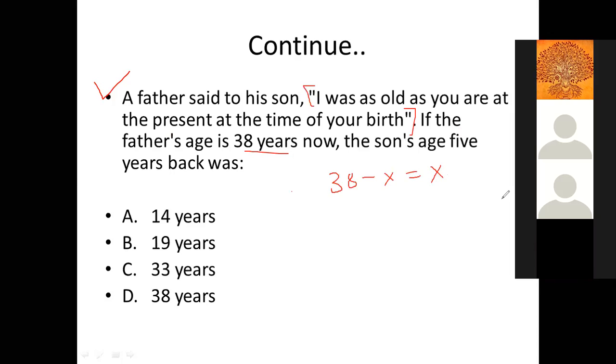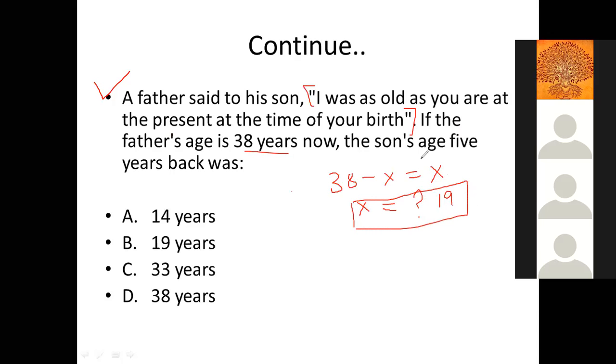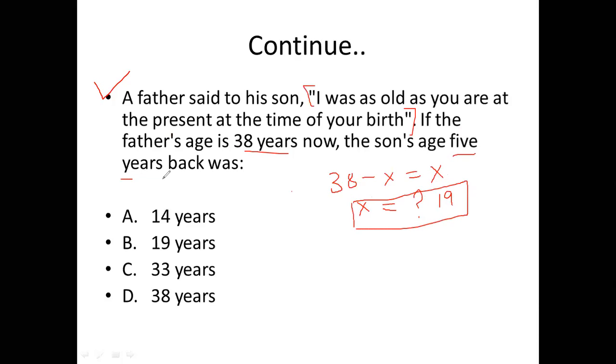How much will x be? So x is equal to 19. Now what is asked? The son's age 5 years back. 5 years back means we have to subtract it.